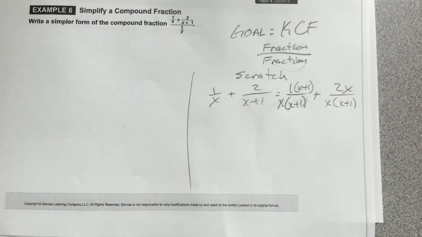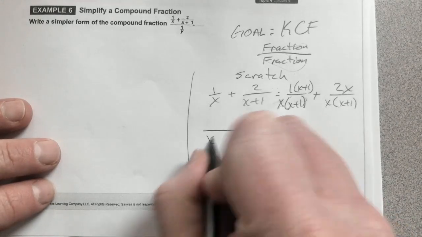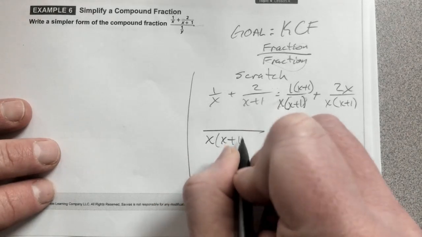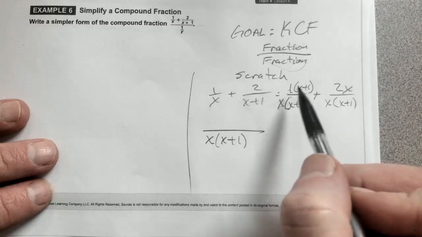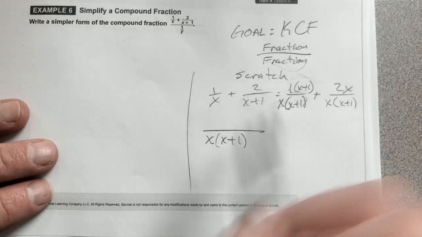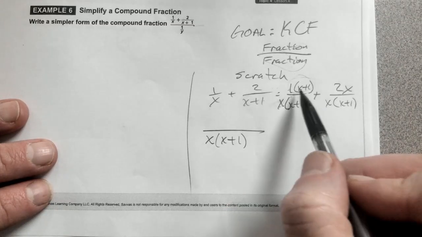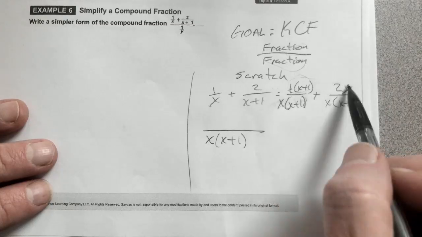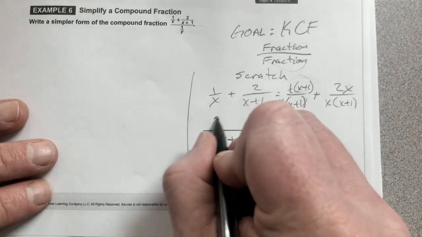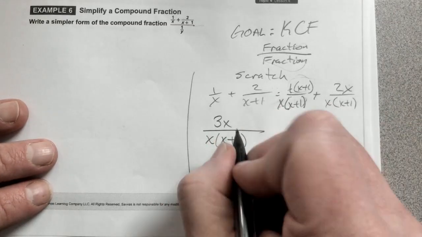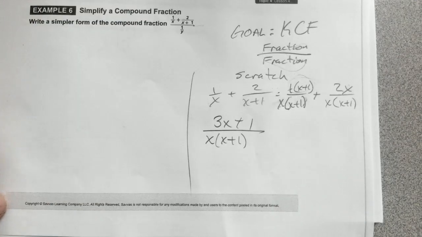That's right. Now, all over one common denominator, x times x plus 1. 1 times x plus 1, I can ignore my parentheses because it's a positive 1. So, combining like terms, x plus 2x is 3x, plus 1.